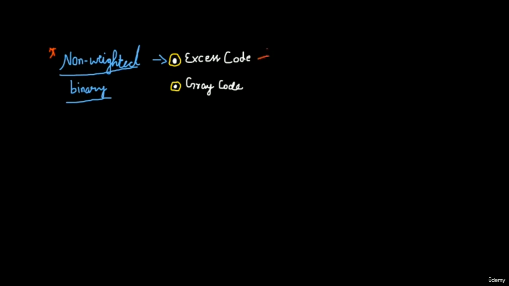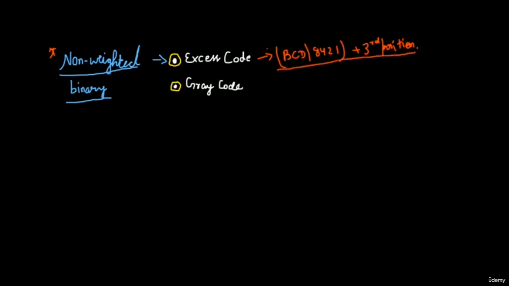In the excess-3 code, we just write it in BCD or 8421 form and then add 3 again and again. So this is the way it actually works.